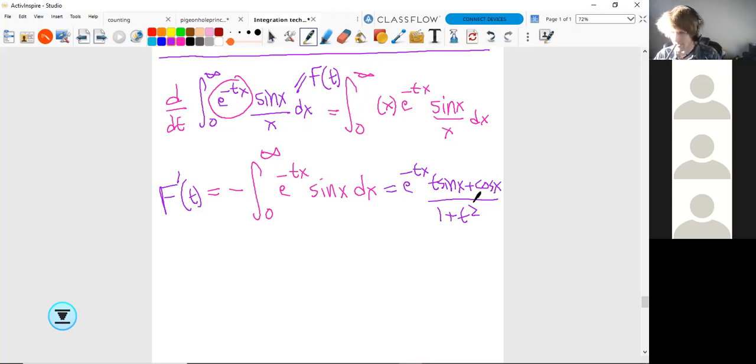I think I might have skipped a step. Oh, we're still evaluating from x equals 0 to infinity.